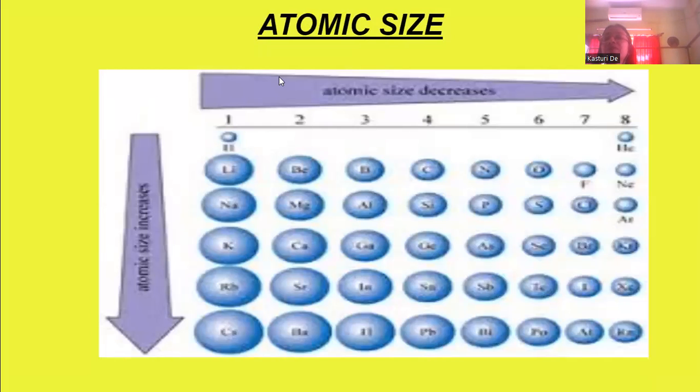Atomic size increases down the group, and across the period it is decreasing. You can see from the picture also. See, lithium, then sodium, then potassium, then rubidium, and then cesium. This atomic size increases. Then when we are moving from left to right across the group 1 to 6, the atomic size just decreased.